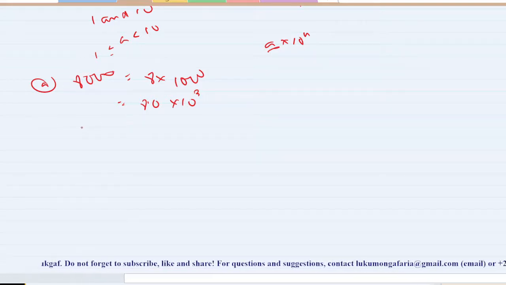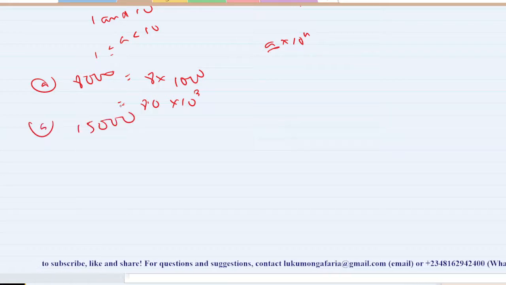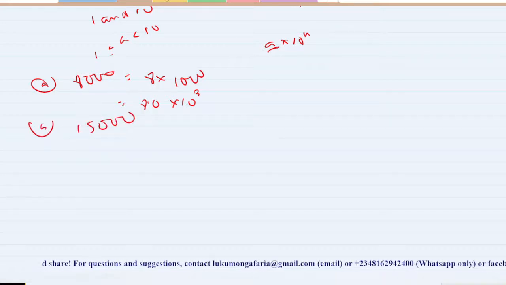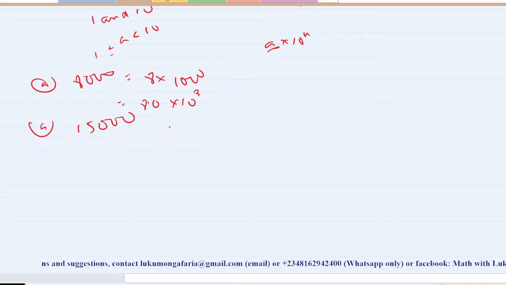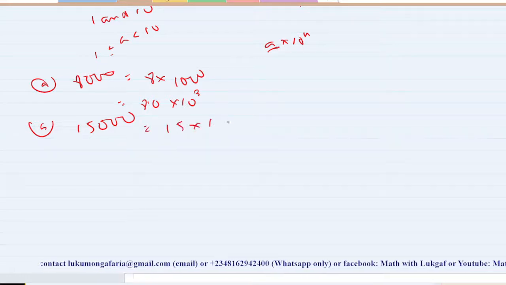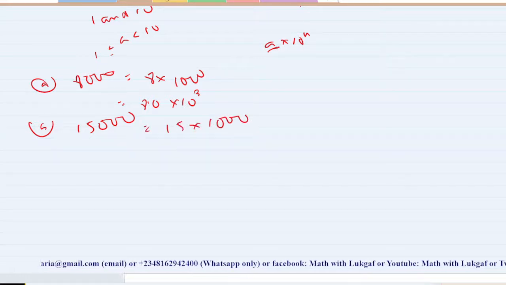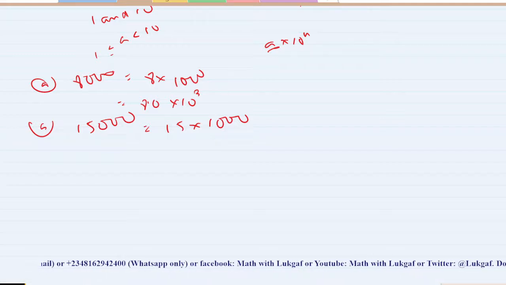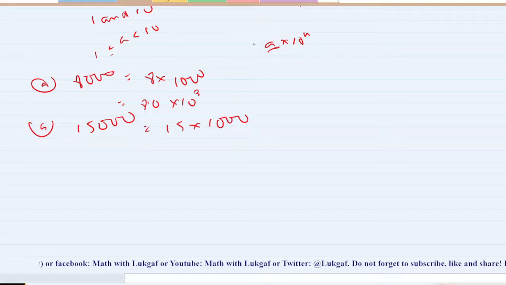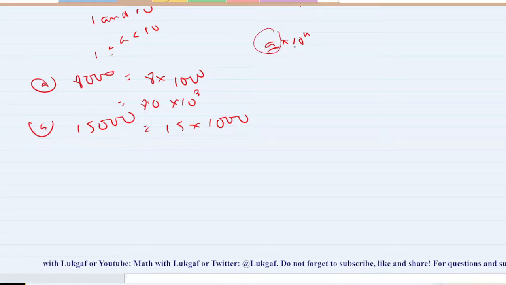Likewise, we have this kind of number. You have 15,000. You can rewrite this as 15 multiplied by 1,000. But remember, by the definition of standard form, your a here, which you must have before you multiply by a number in index form, in form of 10, must be a number between 1 and 10.